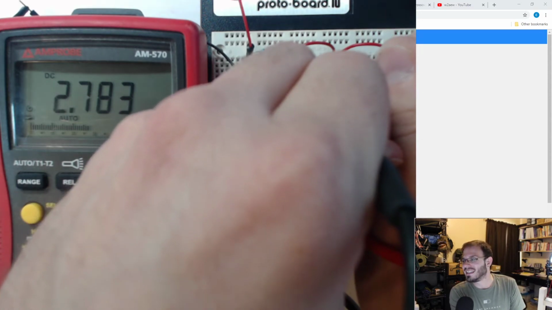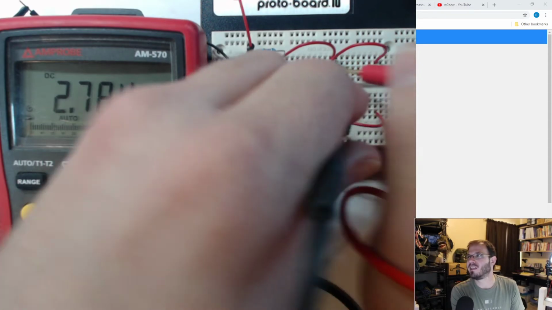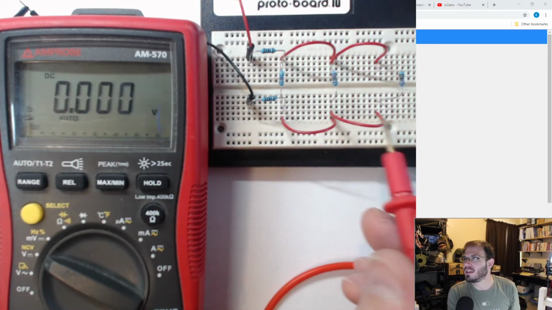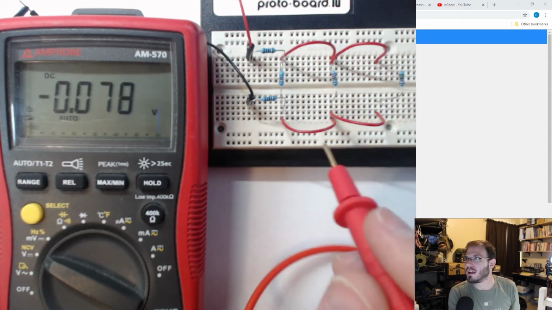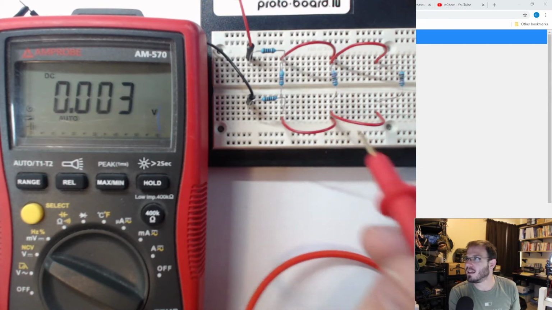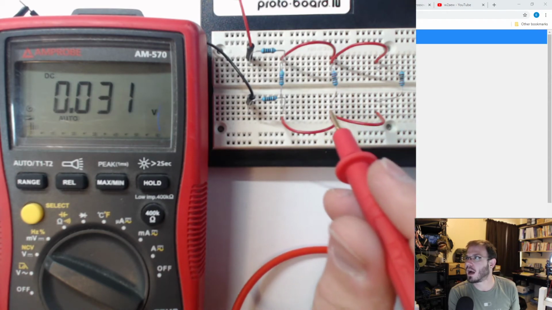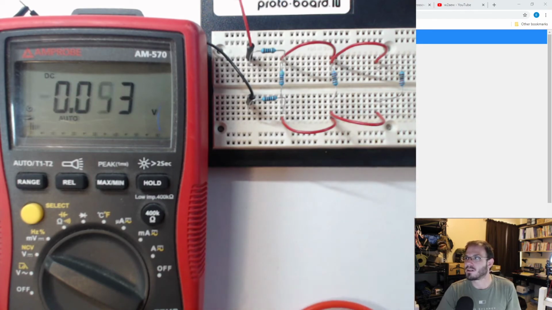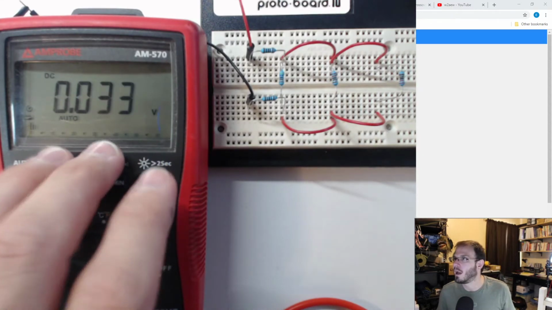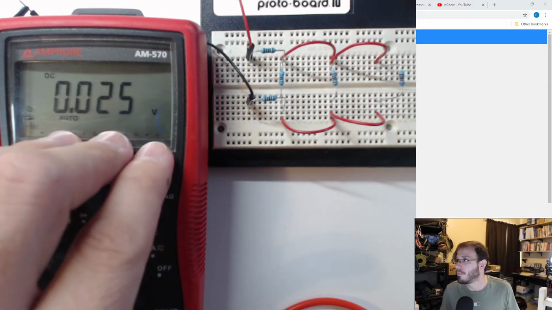Why is one slightly higher than the other one? Because these wires are not perfect. The breadboard is not perfect. We have little tiny voltage drops across these wires. So when you're using a breadboard, you're not going to get millivolt precision. And I'm not even sure how precise my multimeter is. This is my best multimeter.